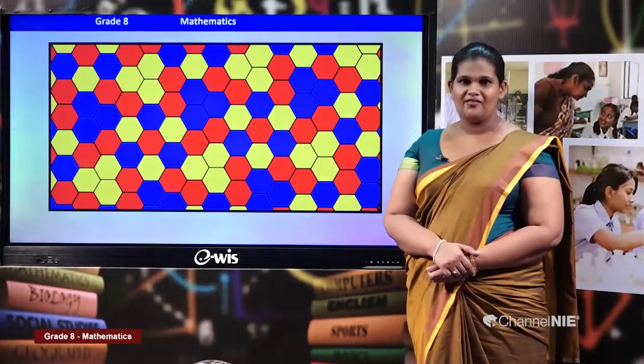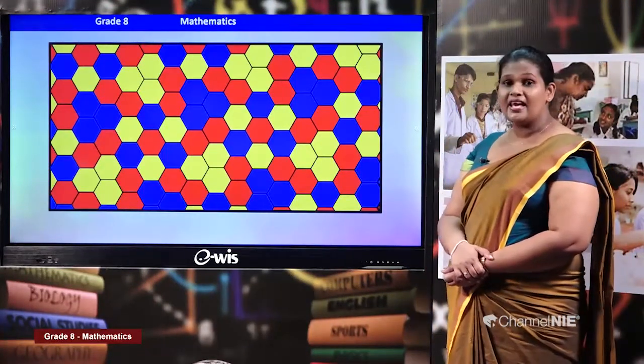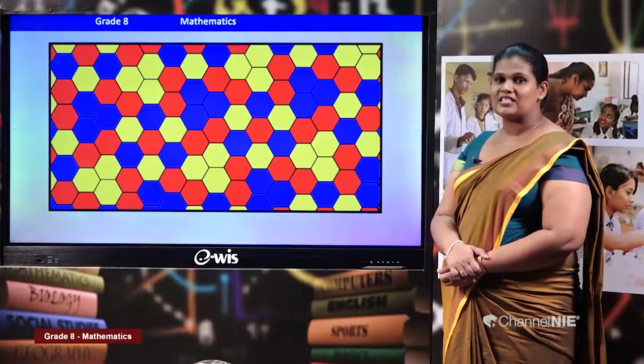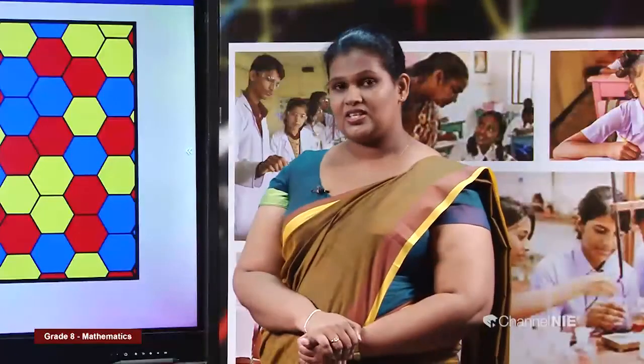Right. Now have a look at this one. Once again, we can see only hexagons throughout the pattern. Isn't that so? So there are no overlaps, no gaps between shapes. Therefore, it's a tessellation. The hexagons are colored in 3 different colors. We can see blue color hexagons, yellow color hexagons and red color hexagons.